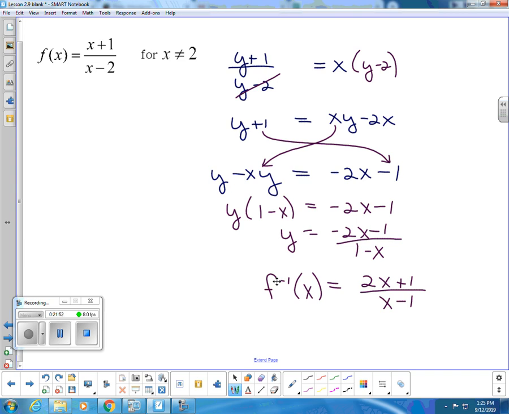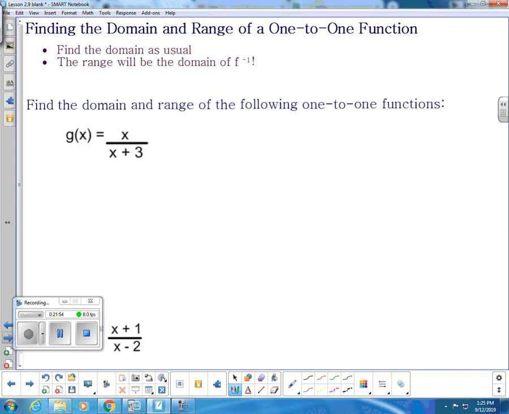Okay? So, finding the domain and range of a one-to-one function. I'm hoping that we're all confident in looking at this function here and telling me the domain. What's the domain of this function? So everything but negative 3, right? Everyone feels good that they can do that?